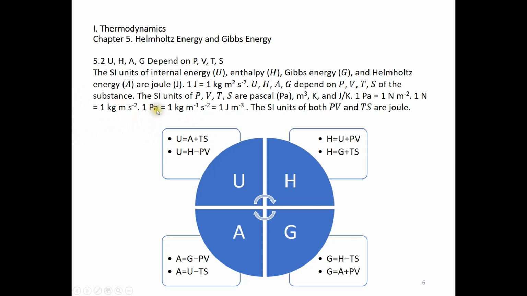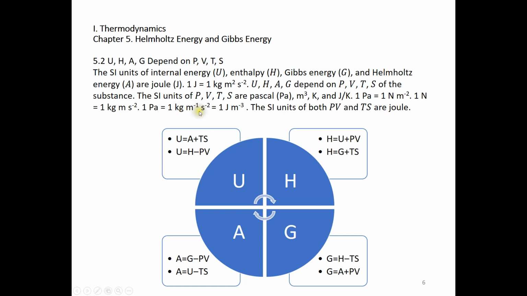Also, 1 Pascal can be written in terms of kilogram, meter, and second, because we can replace this Newton with kilogram meter per second squared. And therefore 1 Pascal is 1 kilogram times meter to the power of -1 second to the power of -2.